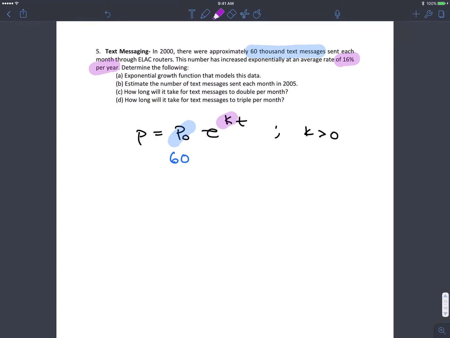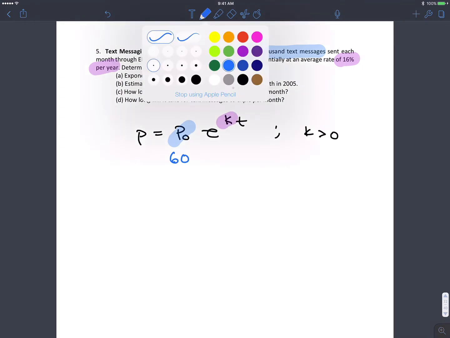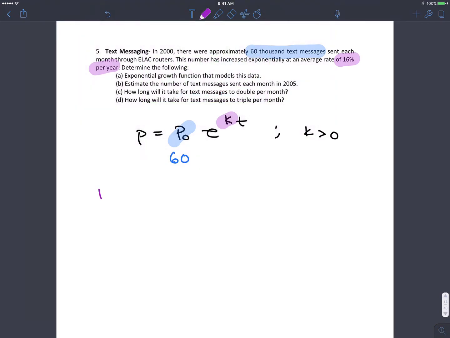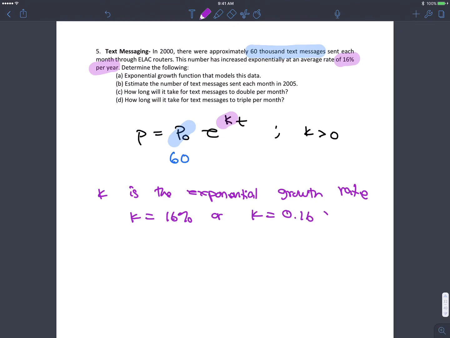K here is the exponential growth rate, as we discussed. And in this case, k is 16%, or k can be described as 0.16. So I'm going to replace this with 0.16.